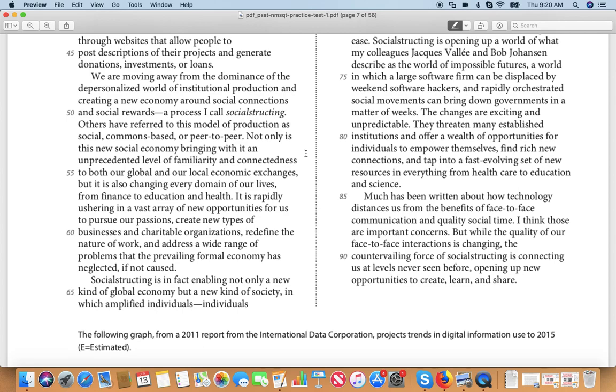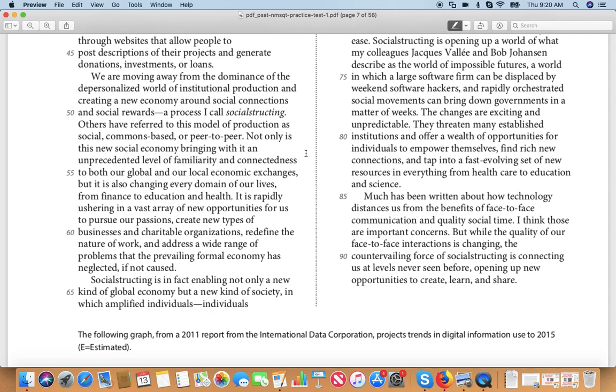Nothing like this had ever happened before. So we're talking about an unprecedented level of familiarity and connectedness to both our global and local economic exchanges, but it is also changing every domain of our lives, from finance to education to health. Does that make sense, the end of that sentence?